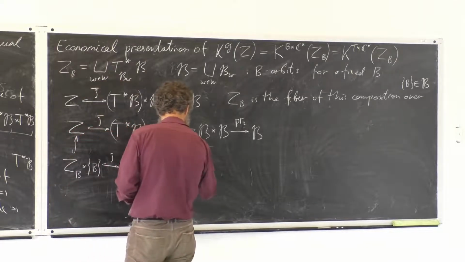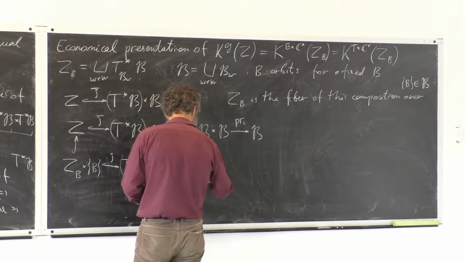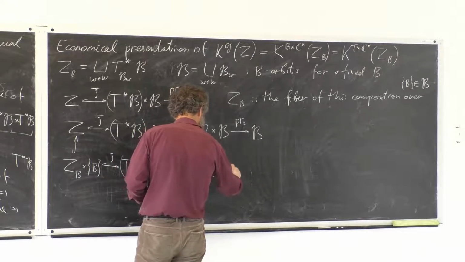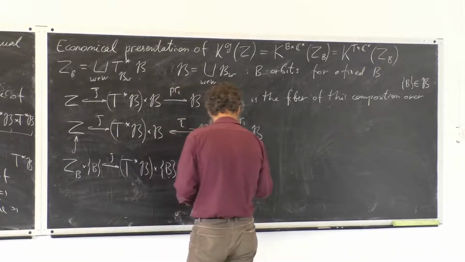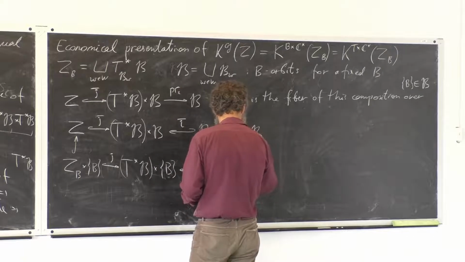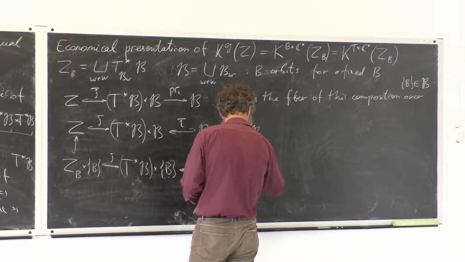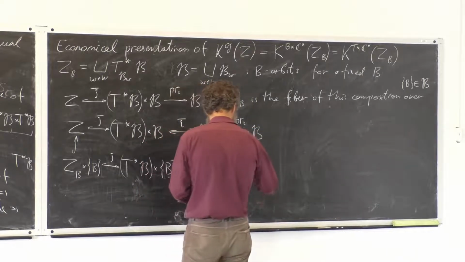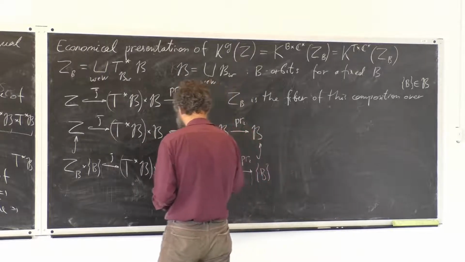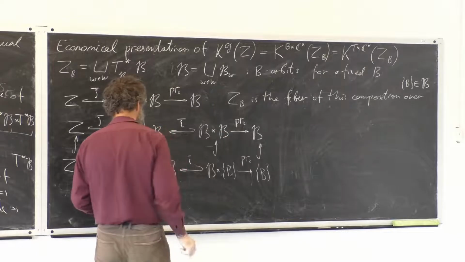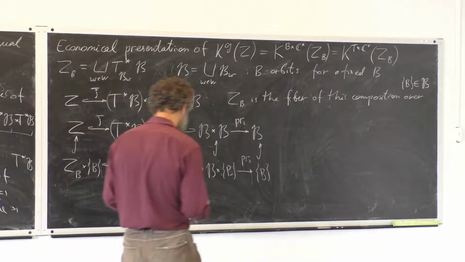Okay, and an embedding I of the flag variety times this point, and again there is a projection onto this point, and there are embeddings like this.